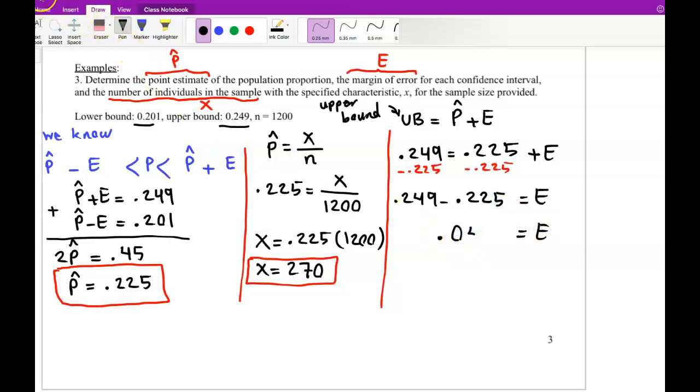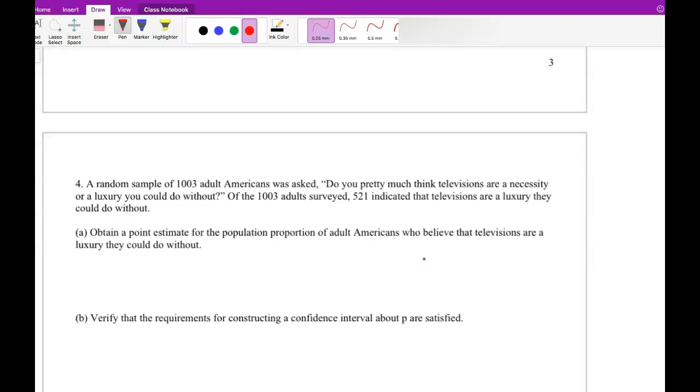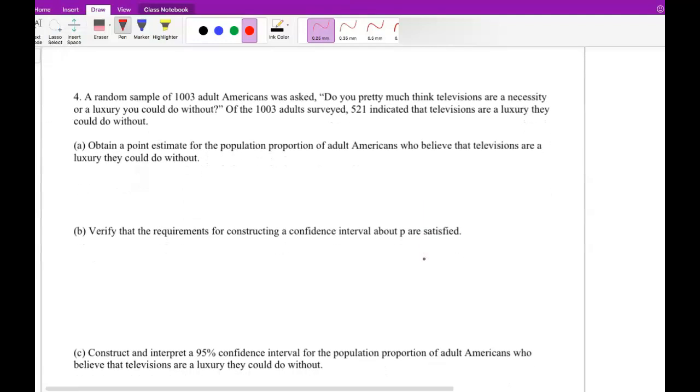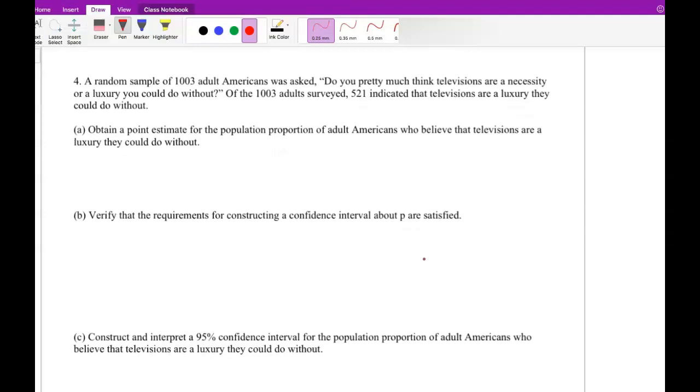So 0.024 is our margin of error. Okay, now next page.